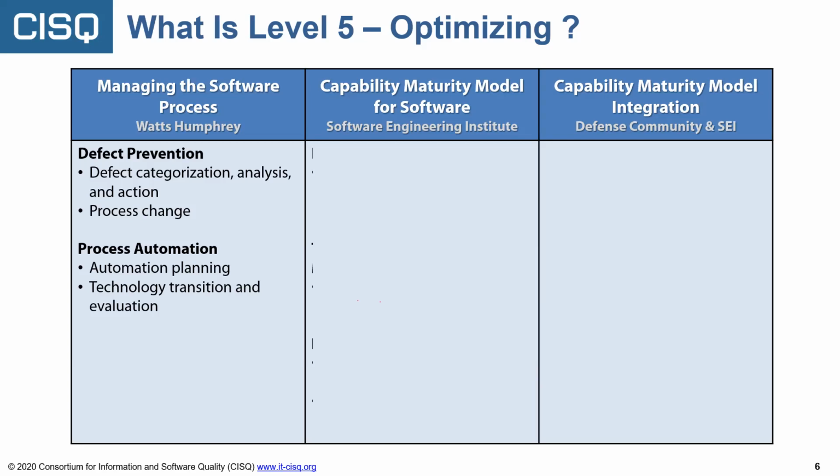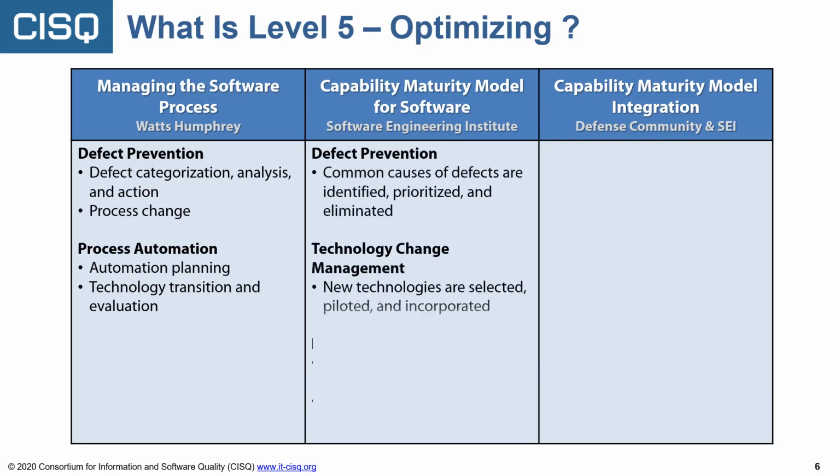So we're not sure whether he intended process automation to be at level 5, or that was just another chapter he added in because it was an important consideration that we ought to make when we're trying to mature a software engineering practice. But I want to talk about process automation because it's a critical issue, and there's a word for it. I'm not going to tell you what it is till later, but I bet before we get there, you've guessed it.